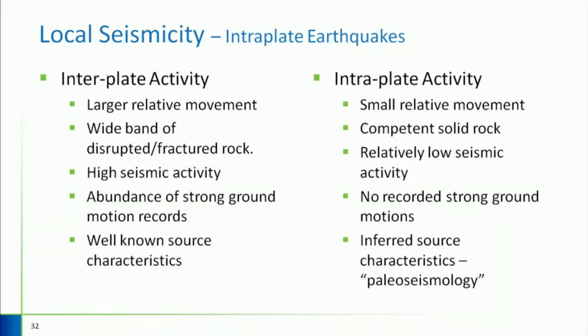Source characteristics is another kind of obvious one, but we have to guess on all of our fault structures over here. We call it paleoseismology, and we call it science, not guessing. But it is still a lot of guessing and a lot of inferences to make.